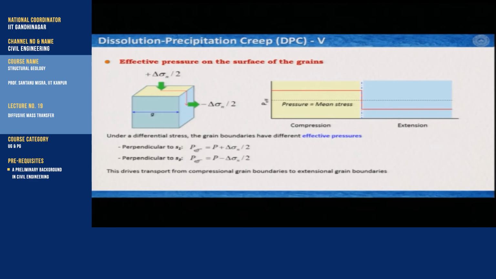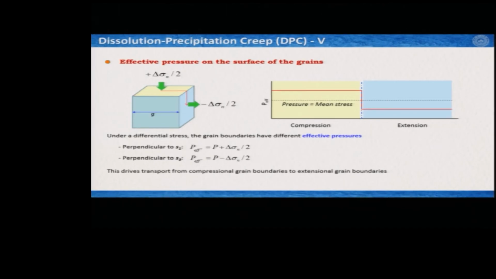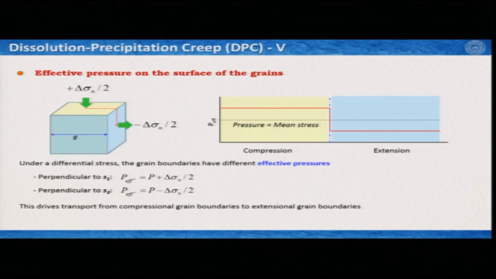Now, what we see here, if we consider that this cube is a grain where one arm of this grain has a length of g, and if I apply some force on this surface, this stress, which is a positive stress, compressive stress, then on the other side we have a negative stress, a tensile stress.